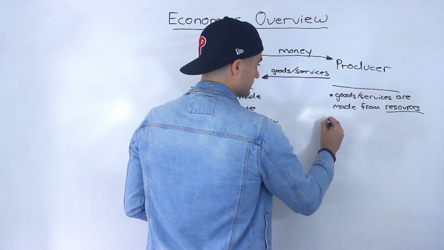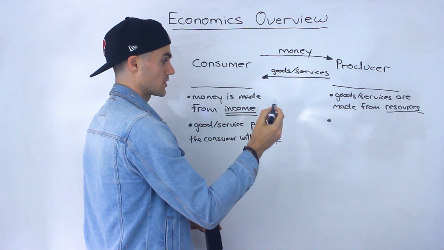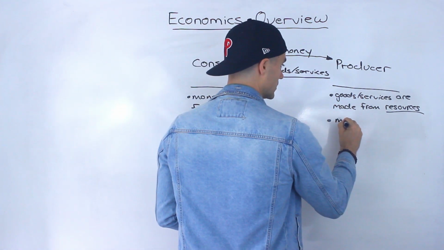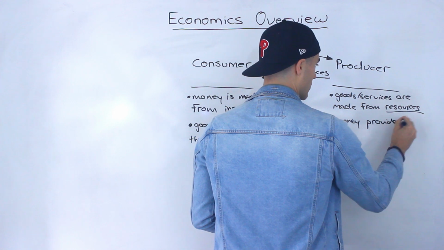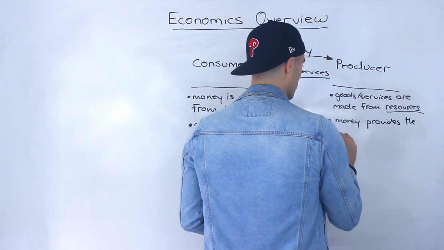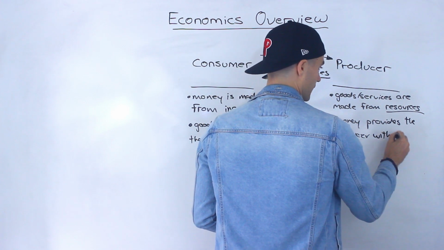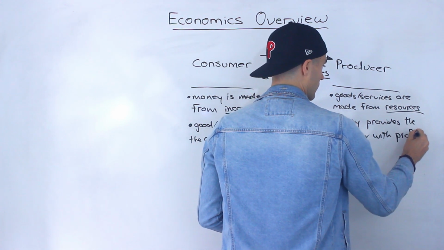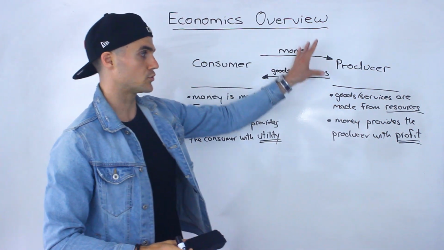And then over here, what's money giving to a producer? Money provides the producer with profit. That's ultimately what a producer is seeking.